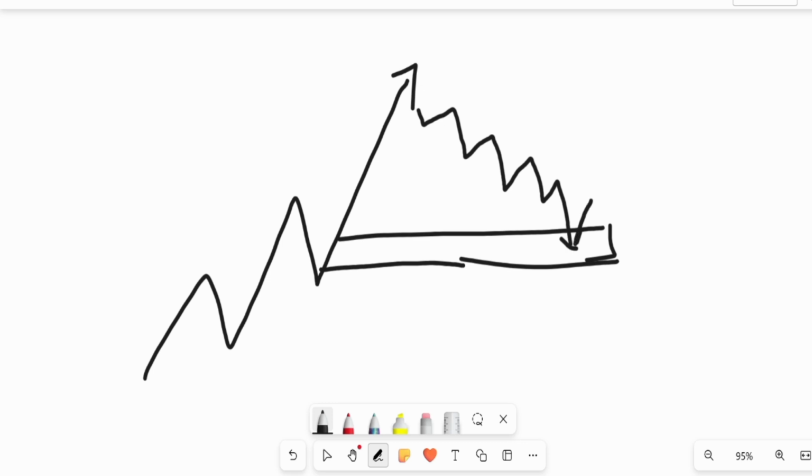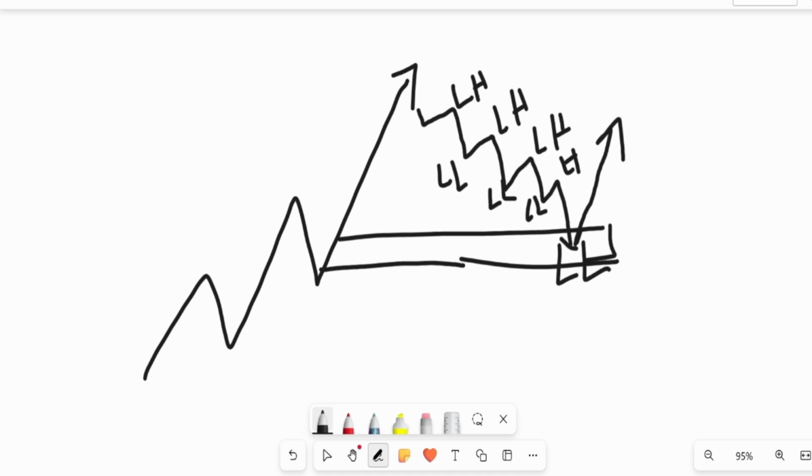If the price bounced back, this was lower high, lower low, lower high, lower low, lower high, lower low. After forming this lower low and hitting our demand zone, you wait for the market to bounce off this zone. And what did the price do?